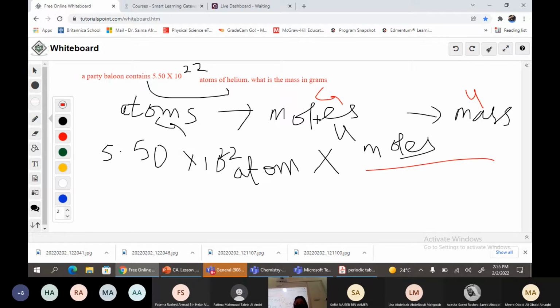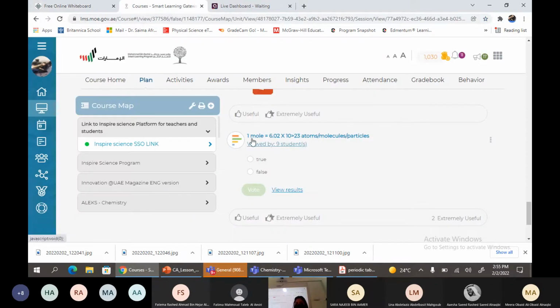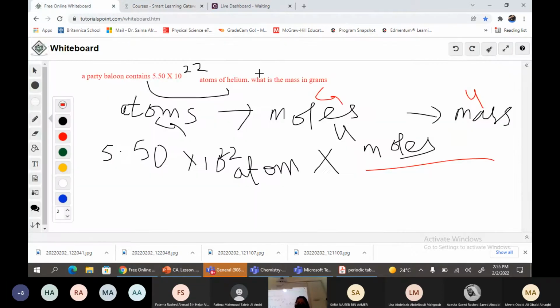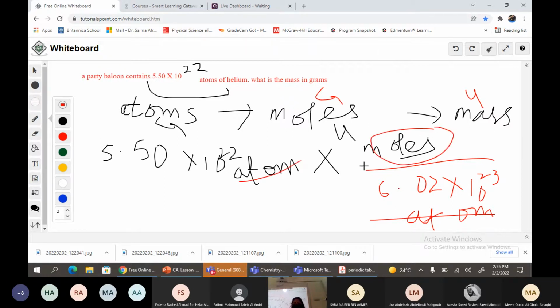And we know that this statement says 1 mole is equal to 6.02 into the power of 23. So you will write 6.02 into the power of 23 atoms of helium. We always cancel the unit of denominator with the unit of given thing, and we are left with the unit of unknown, which is 1 mole.